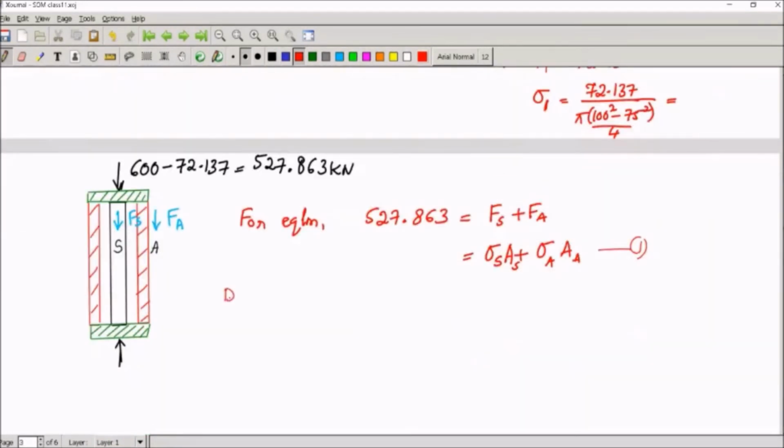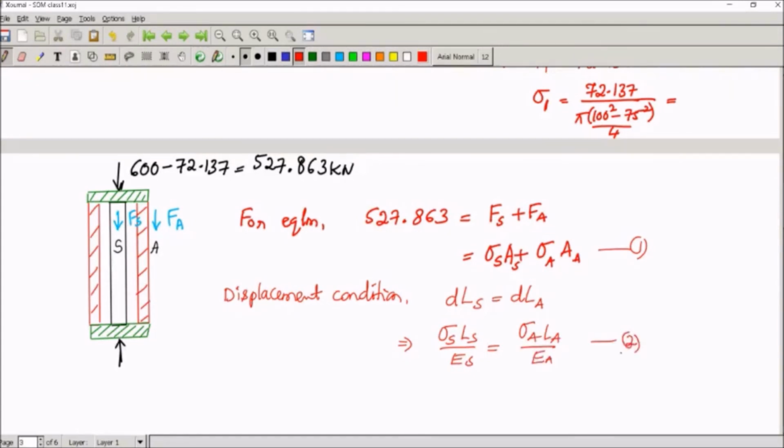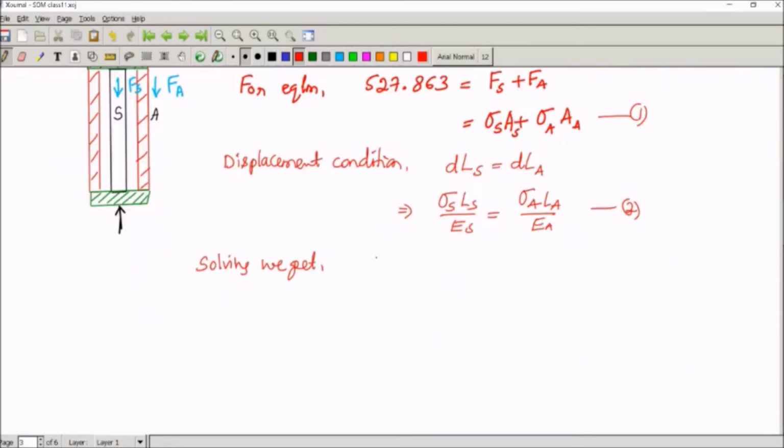So displacement condition or kinematic condition is DL in steel should be equal to DL in aluminum. Or in terms of stress, sigma S LS by ES is equal to sigma A LA by EA. This is the second equation. Solve 1 and 2, we'll get the stresses. Solving, we get sigma S as 105.7 MPa and sigma A as 35.23 MPa.